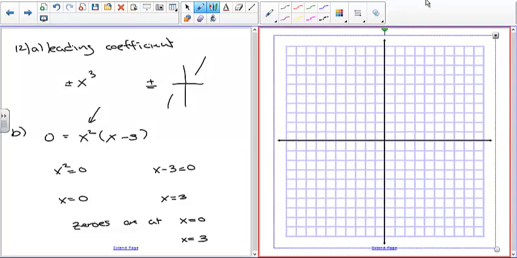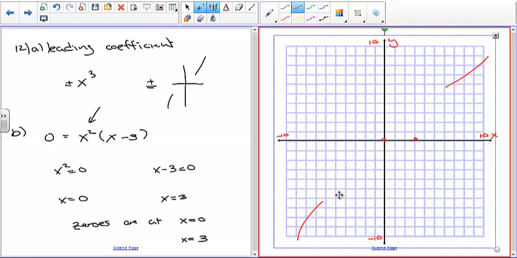Okay. So I'm going to use red here. And we'll go from negative 10 to positive 10, same way on the y-axis. So this is x, this is y. Okay, so we know that the function is going to go out this way. We'll readjust it later. We have a 0 here, and we have a 0 here.